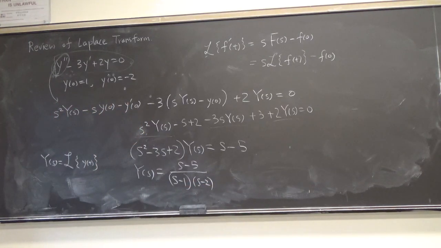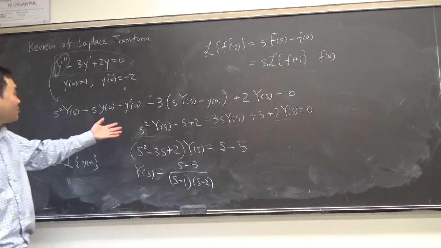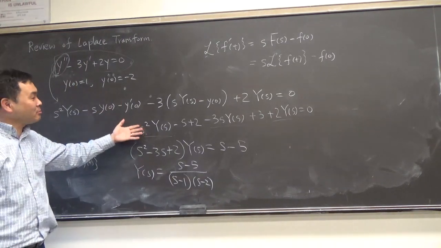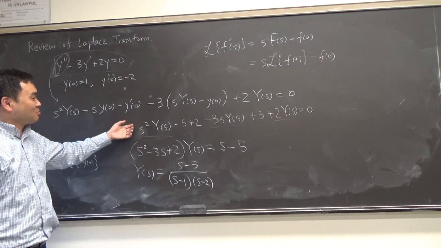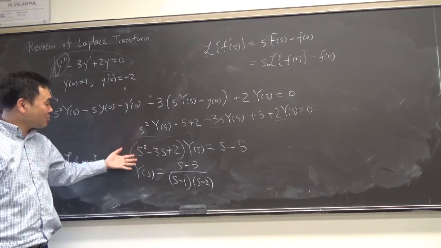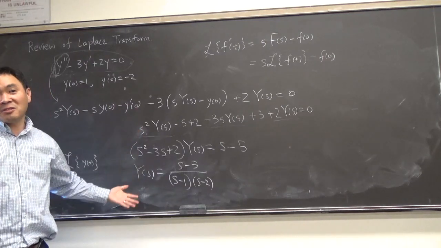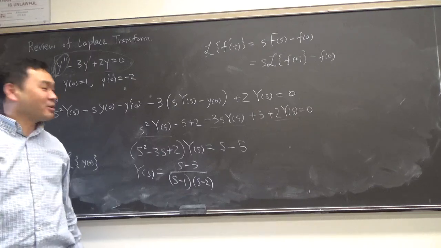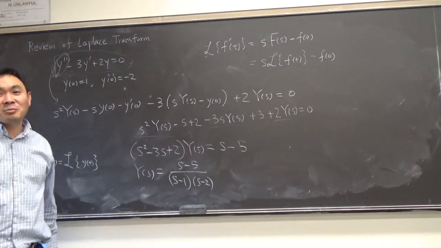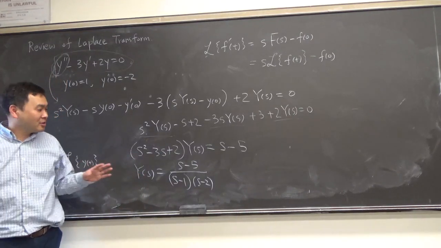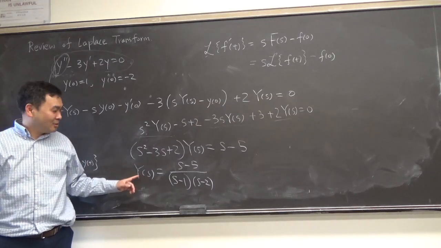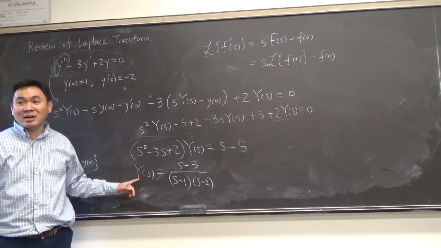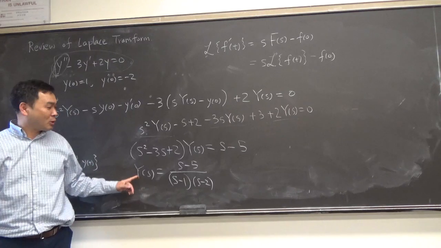So beautiful, right? After Laplace transform, we just have an algebraic equation which you can solve with just middle school algebra. But wait, there's no free lunch. The thing is, we still haven't managed to find what y of t is. This is Y of s.